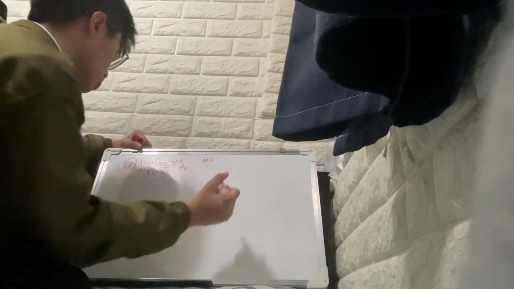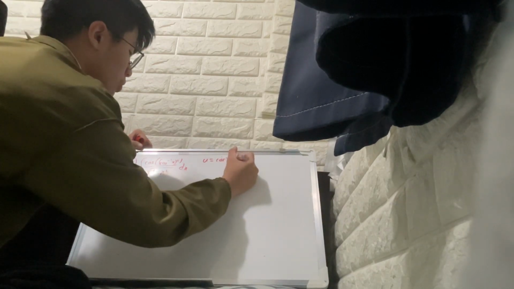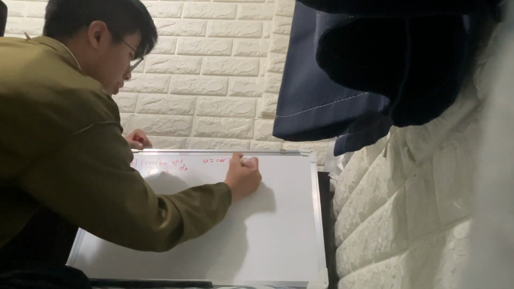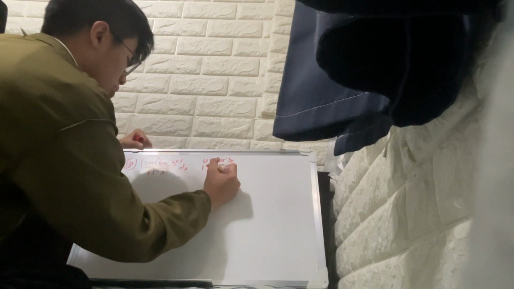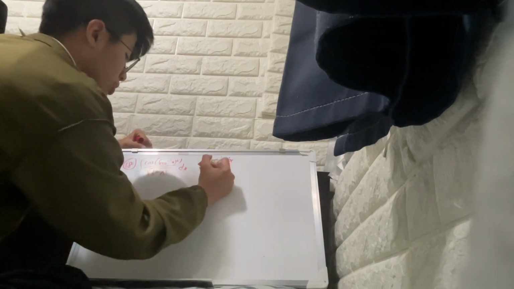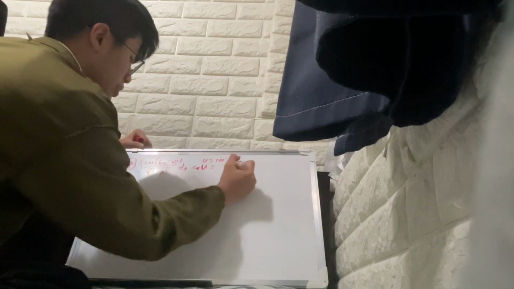But you see, if you let u equal inverse cosine x, you just get negative 1 over square root of 1 minus x squared. So why don't we just use our substitution? Let u equal inverse cosine x. So let me just get our original like this.